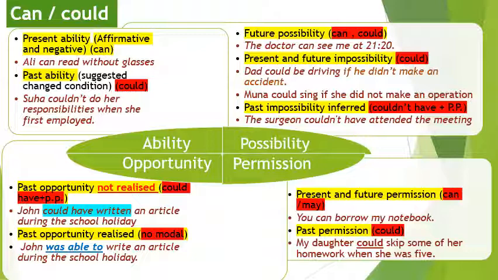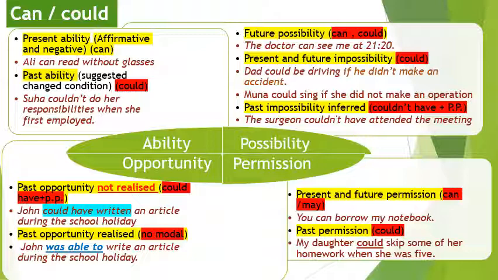And by the way, like I said, this impossibility can either be about the present or future, and we use could only. As to past impossibility, it is inferred or implied from the sentence or from the situation. It consists of couldn't in the negative form, because if you put it in the affirmative form, it will mean something else, which is opportunity, as we will see shortly.